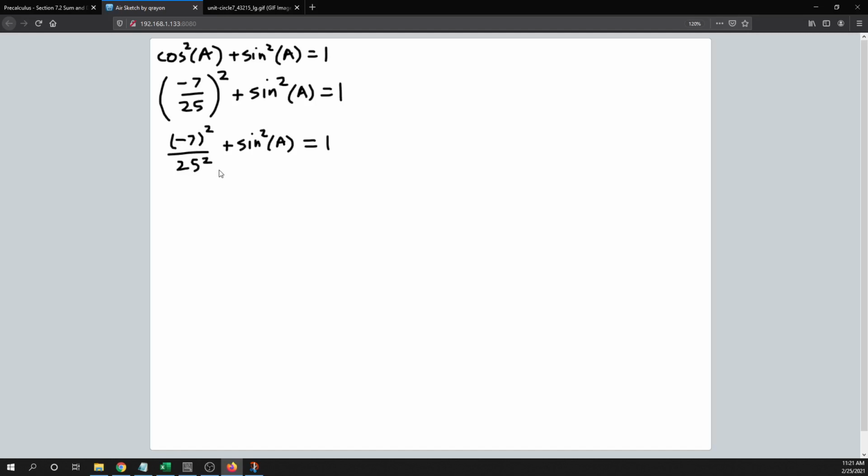So negative 7 squared is 49, and then 25 squared is 625. Okay, 625. All right, so that's what I've got. So next up, I want to subtract 49/625 from both sides.